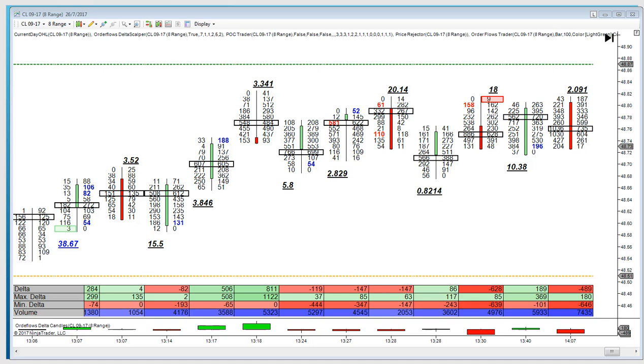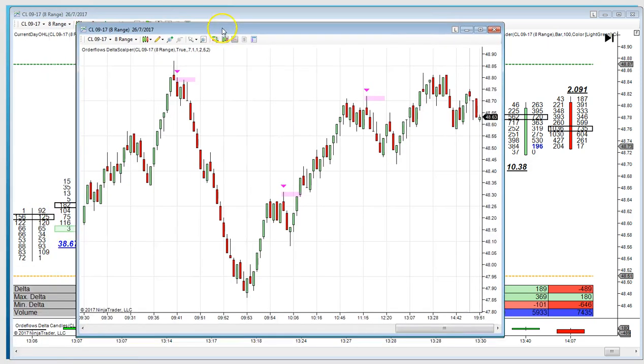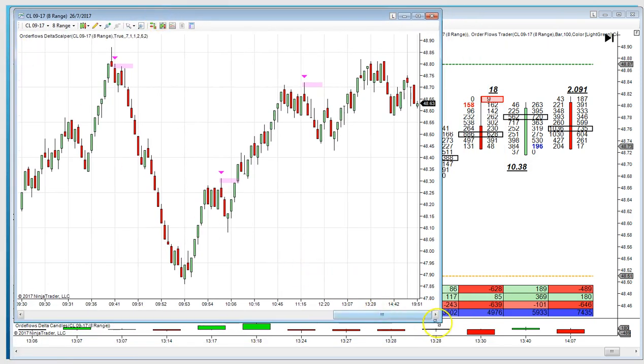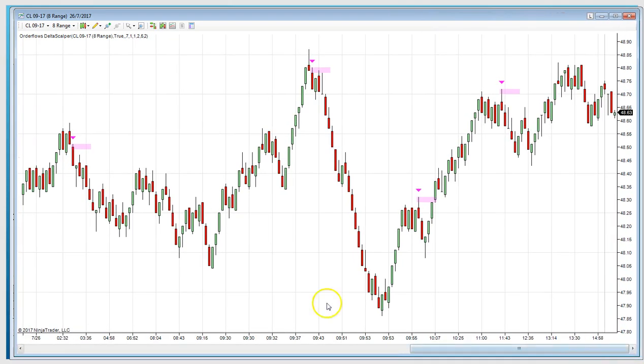While some people are scared of the footprint chart, I find it to be the best chart out there for trading. The Delta Scalper will also work on a normal candlestick chart. Nothing fancy about it. So let's take a look.